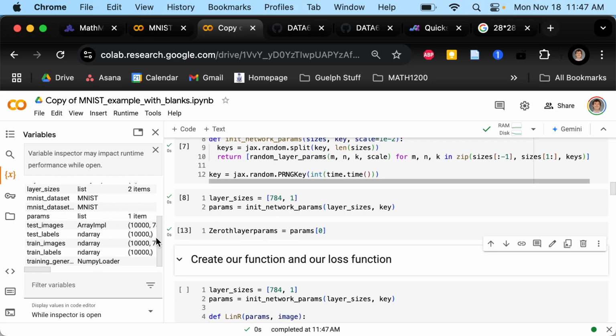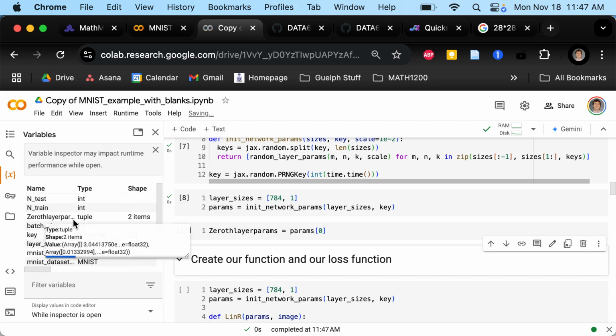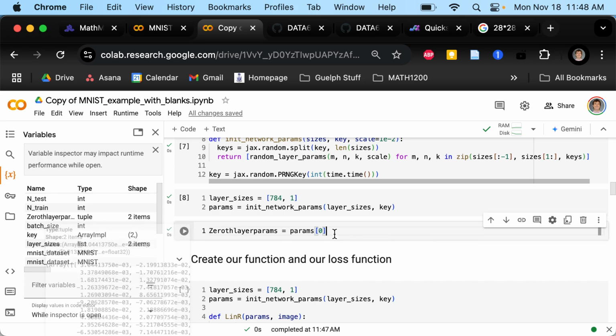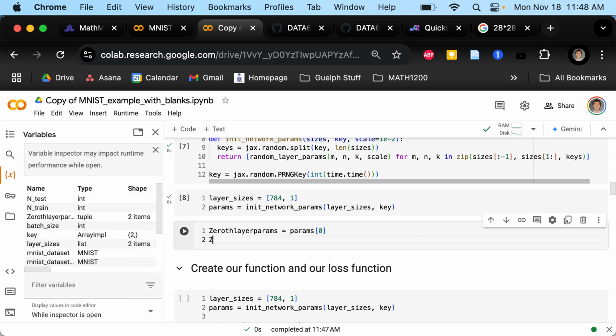It should appear in my variables, and I can ask about this. Where is 0th layer? There it is. It's a tuple. So the 0th layer parameter has 2 things in it. The first thing is a big long array, and the second thing is another array. Why don't I see what those are by doing 0th layer params of 0 and the first thing.